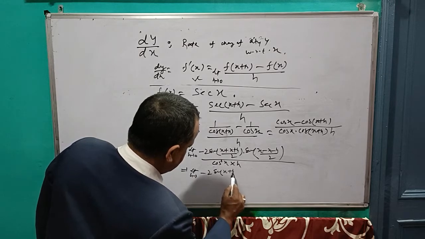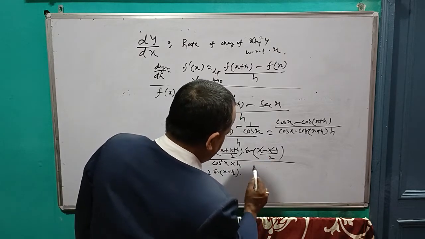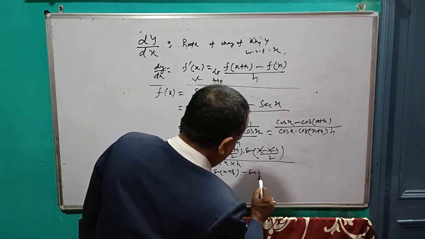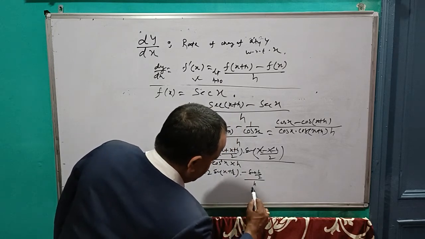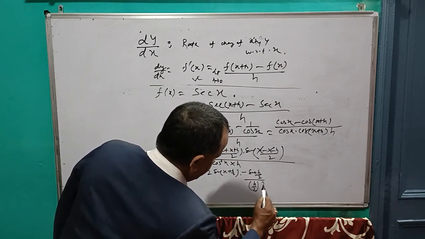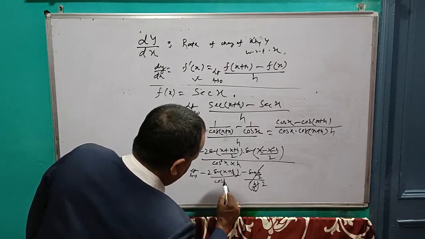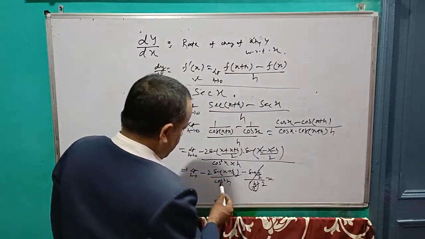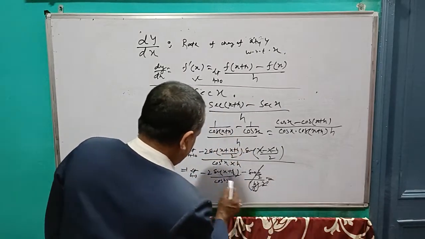This becomes sin((x+h)/2). This side we have, this gets cancelled out. We are getting minus sin(h/2). We already have h, so what we'll do is multiply and divide by 2 to make it 1. And what we have over here is cos square x. This negative and negative get multiplied, become positive. This 2 and 2 get cancelled out.